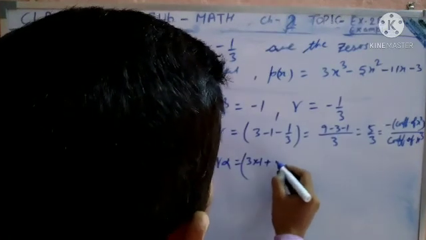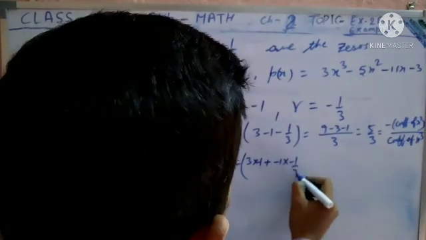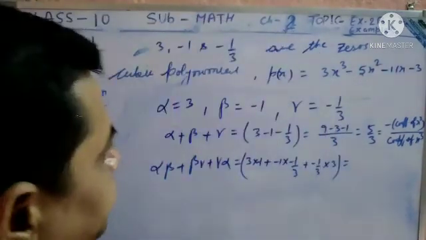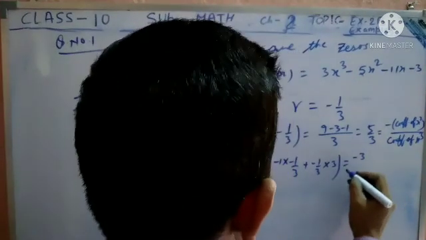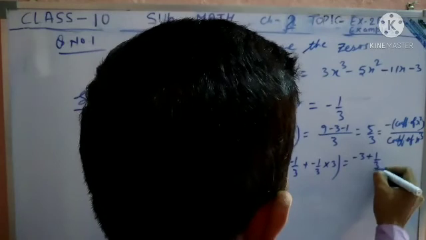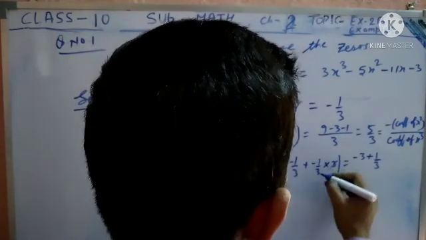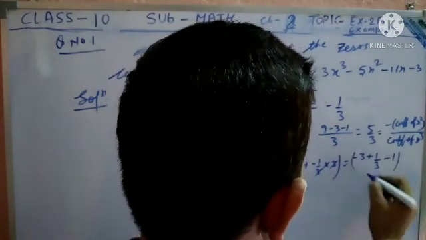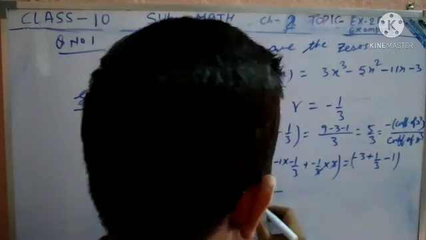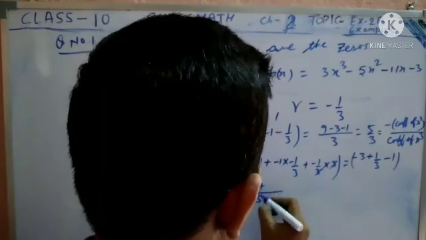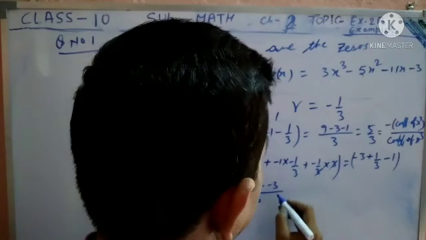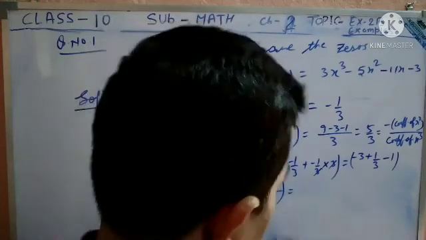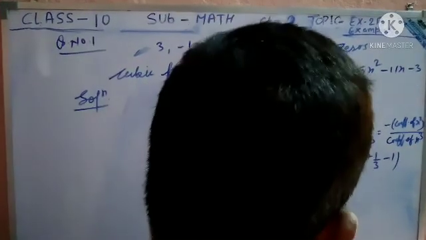Now alpha beta plus beta gamma plus gamma alpha, that is 3 into minus 1 plus minus 1 into minus 1 by 3 plus minus 1 by 3 into 3, that is minus 3 plus 1 by 3 minus 1, that is minus 9 plus 1 minus 3, that is minus 11 by 3.